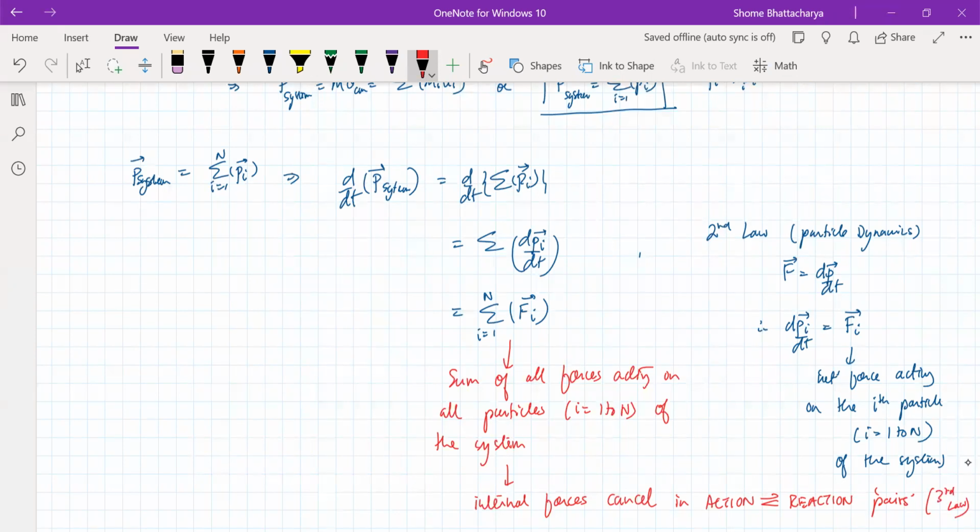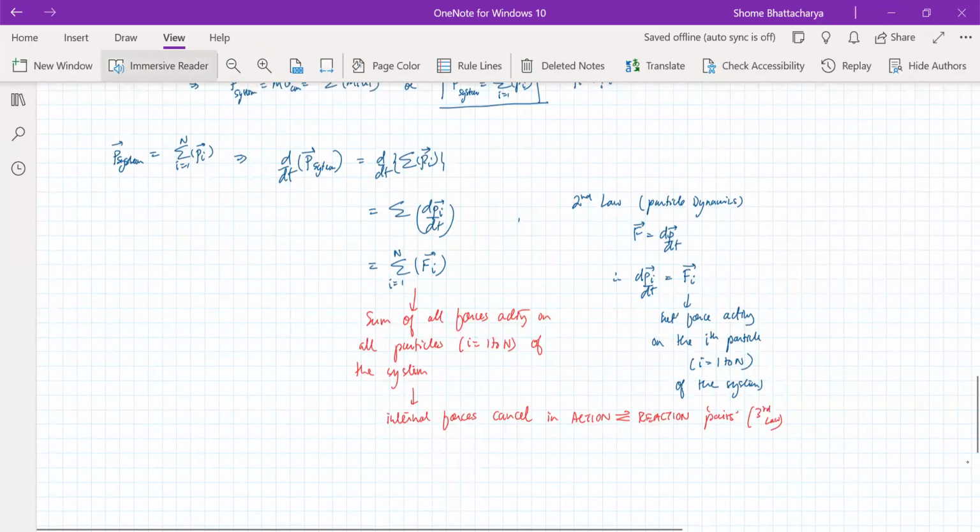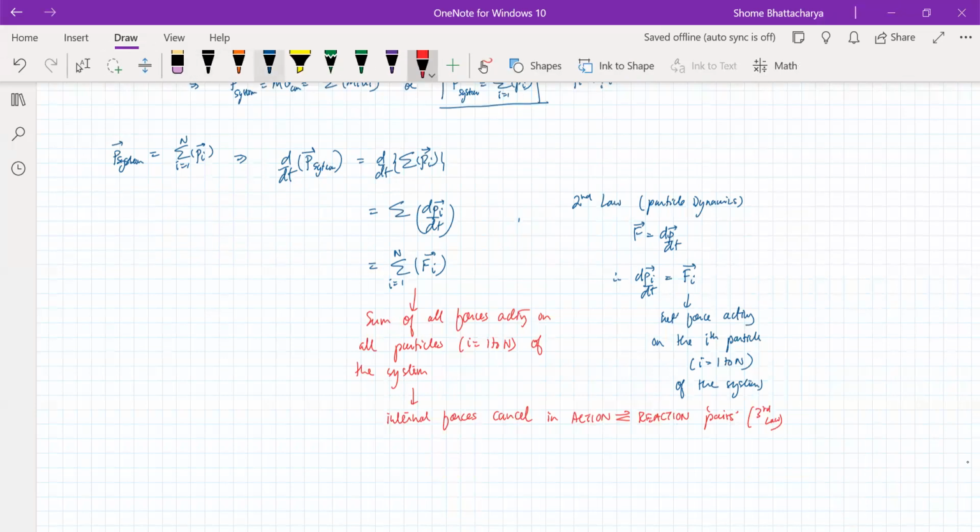That if a particular particle A applies a particular action on another particle B, then B will apply an equal and opposite reaction on A. So all the internal forces within my system will be present in action reaction pairs, because they are acting as a sort of interactive force between the particles which are all part of the system. So they're internal in that respect.